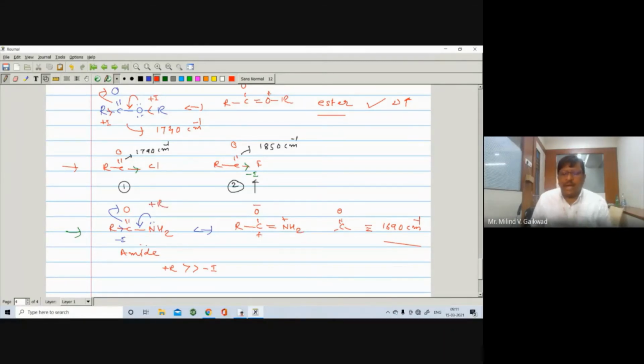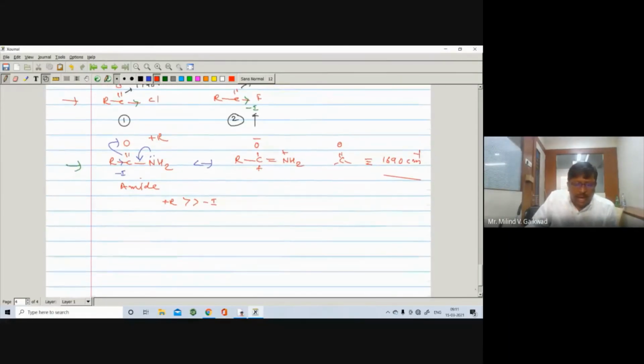The lone pair on the nitrogen is involved in delocalization. That's why it gives single bond character. More the single bond character, in that case the force constant gets decreased, and the vibrational frequency also gets decreased. Okay, so this is about the amide. Now these are some functional groups whose vibrational frequencies we have taken.